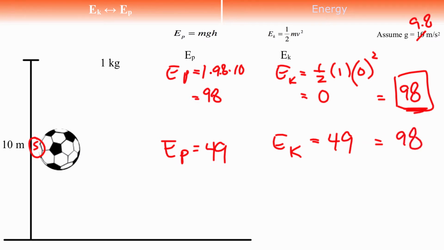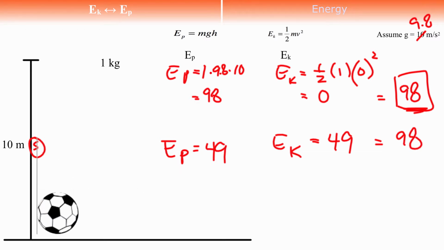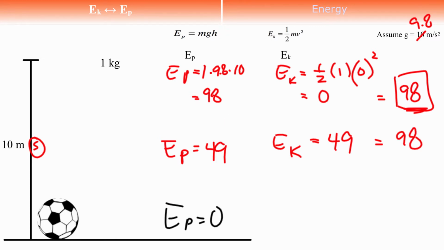So they're at 98. Now, if I take the ball and put it right down at ground level, then the potential energy is going to be 0. The height is 0 now, so 0 times anything is 0. But the kinetic energy, as the ball is about to hit the ground, will be equal to 98.